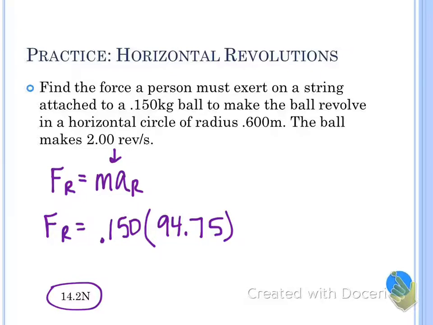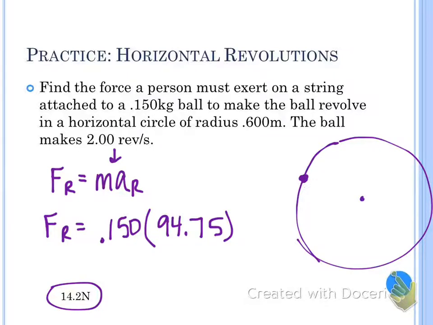For horizontal ones, we don't have to deal with free body diagrams or anything. If we were to draw this free body diagram, let's say from above, like a bird's eye view, here's my circle, here's my object, and here's the center of my circle.